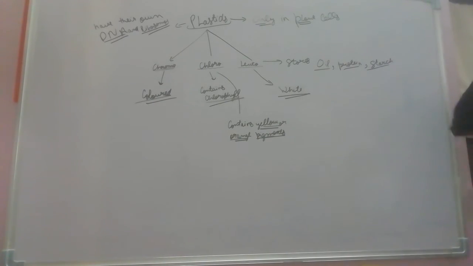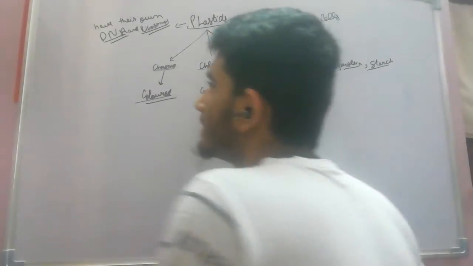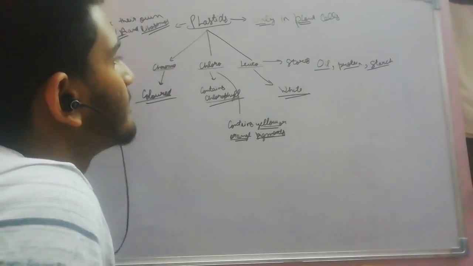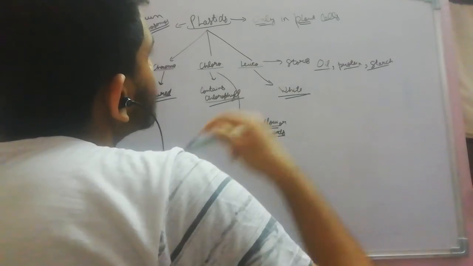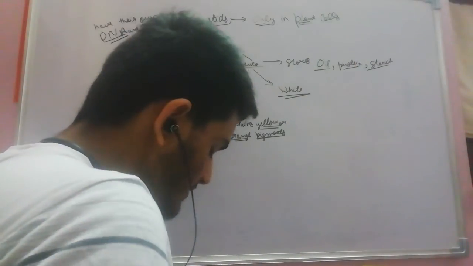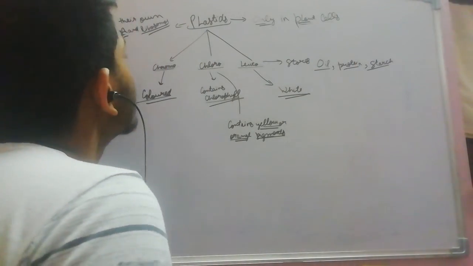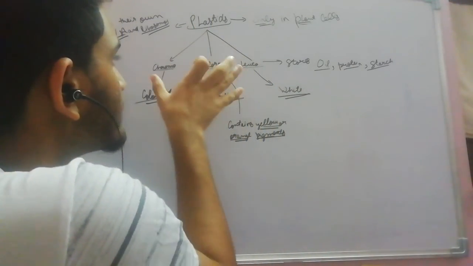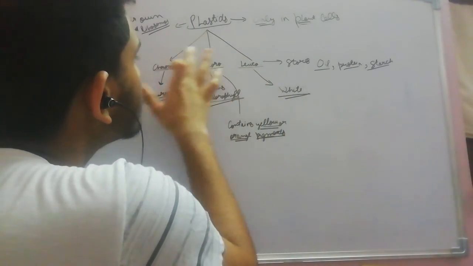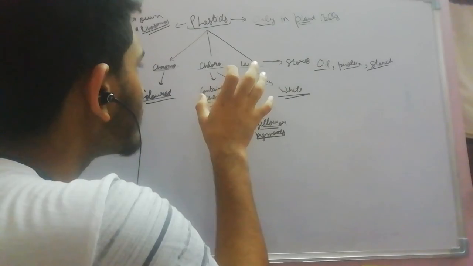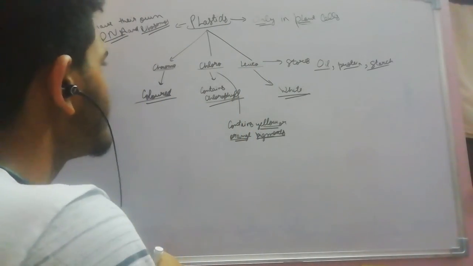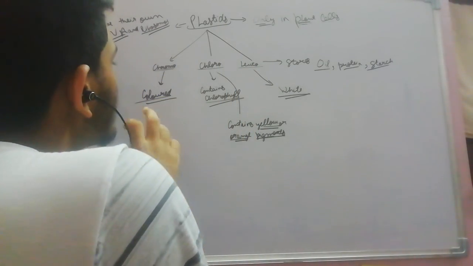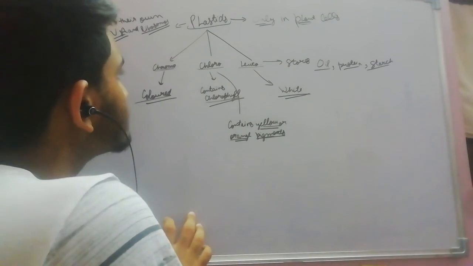Okay, now we will talk about our last cell organelle, which is the plastid. Plastid is only present in plant cells. They are absent in animal cells. And plastids have three major types: chromoplast, chloroplast, and leucoplast, collectively known as plastids. Chromoplasts are colored plastids.